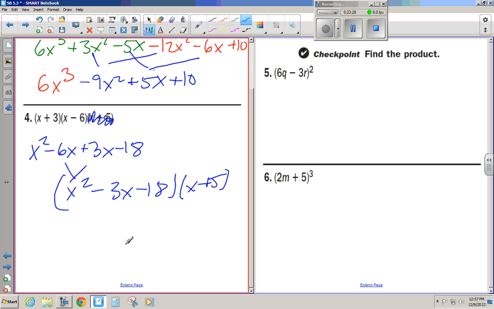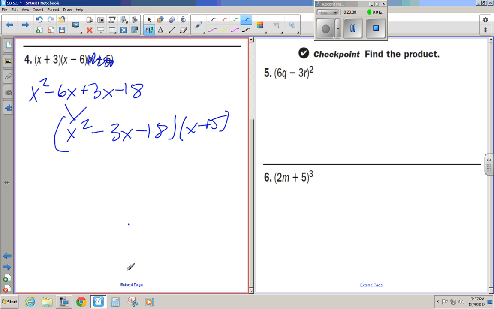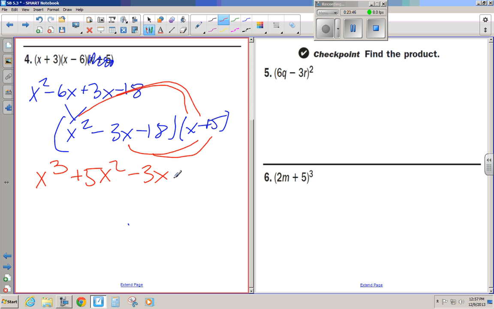So it's x squared times x, x squared times 5, negative 3x times x, oh, I forgot the squared there.